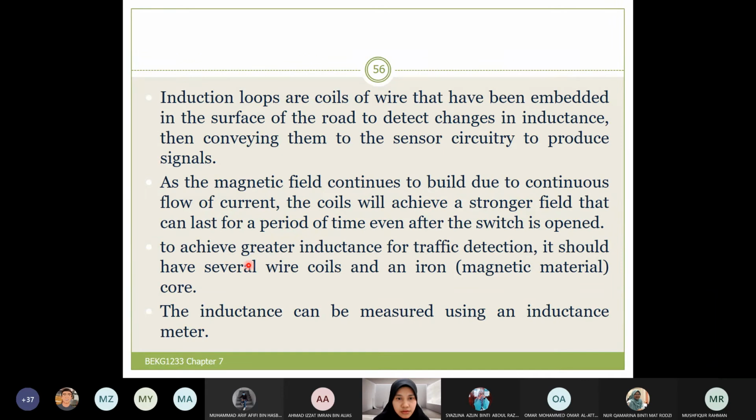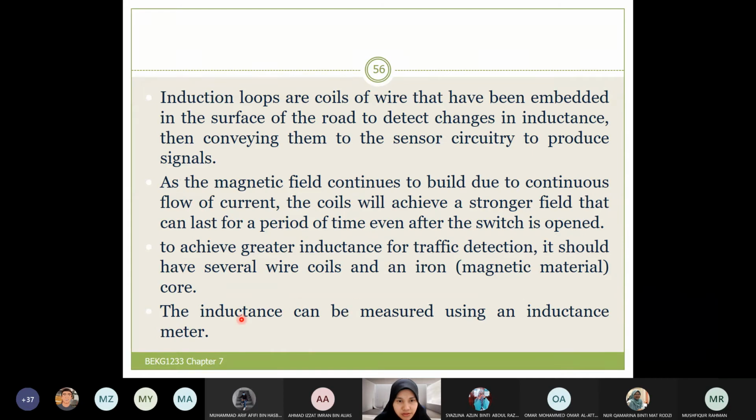Then it will give a signal to the circuitry system, for what? For the three colors of traffic light: red, yellow, and green.